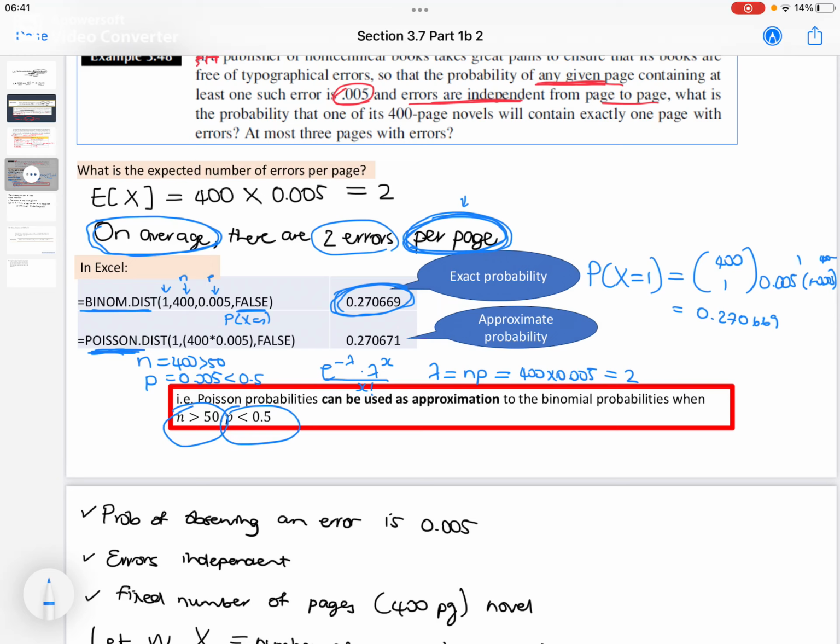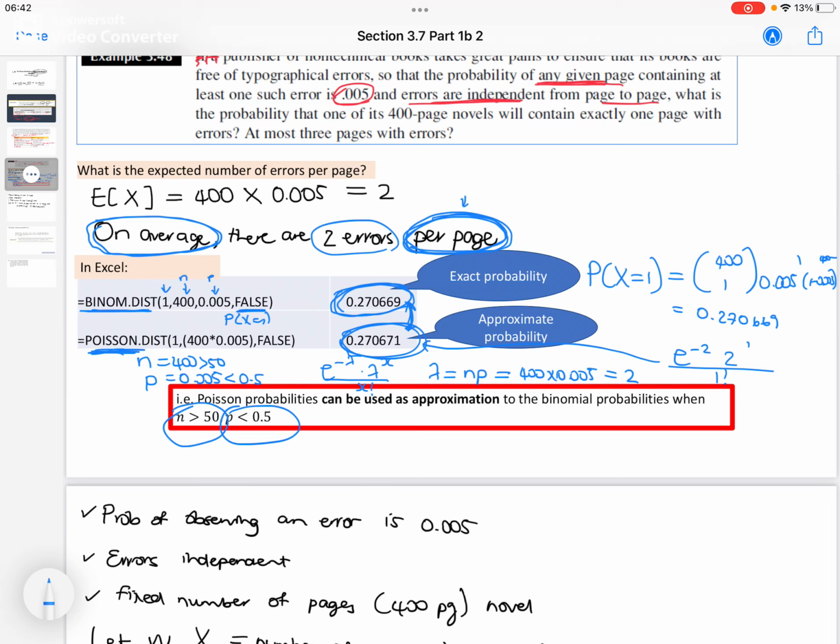If we calculate this probability, we get 0.270671. So we see that these two probabilities are close to each other. The probability from the Poisson is almost equal to the probability from the binomial PMF.